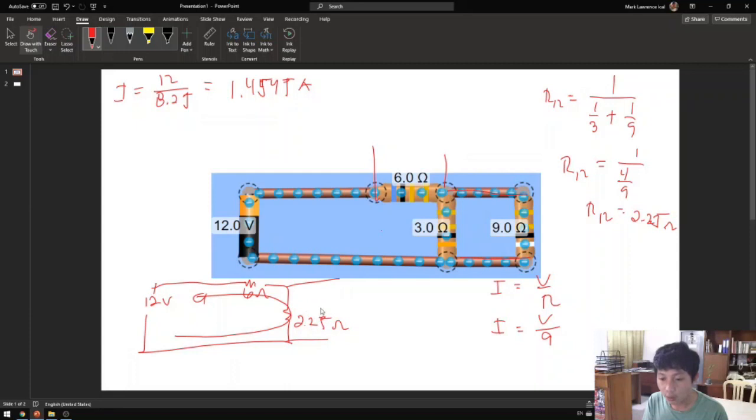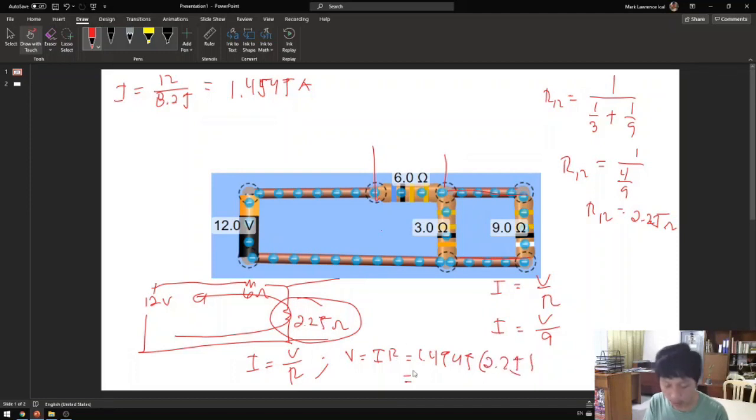Now, we already know that the current is 1.4545. Obviously, we can find the voltage across the 2.25 ohm resistor using V equals IR. The current we already know is 1.4545, multiplied by the resistance, which is 2.25.